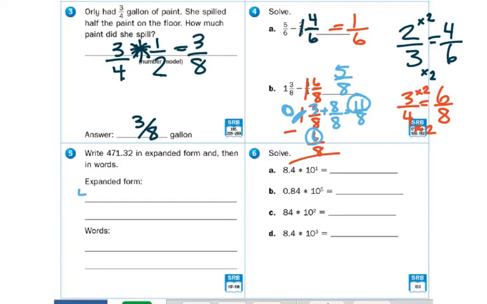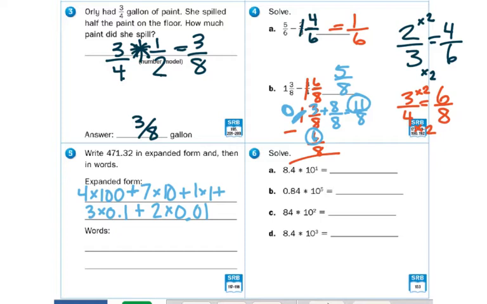So I can do 4 times 100 plus, don't forget your plus sign in between, 7 times 10 plus 1 times 1, because it's in the ones place, plus 3 times 1/10 plus 2 times 1/100th.